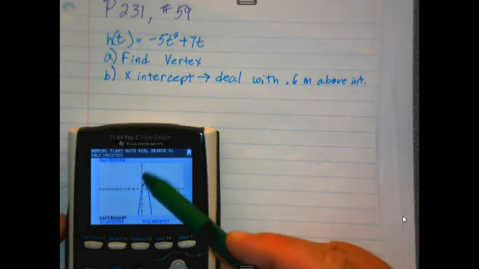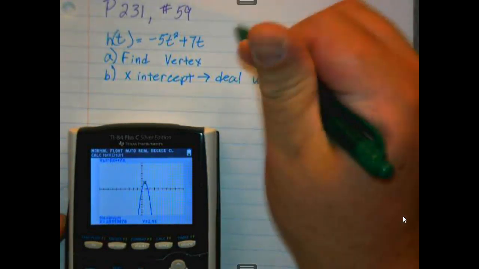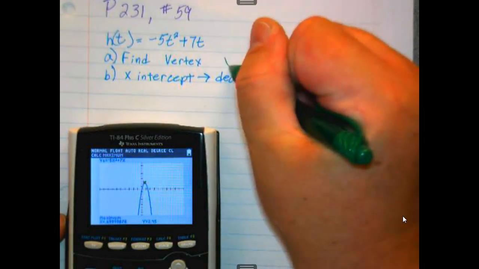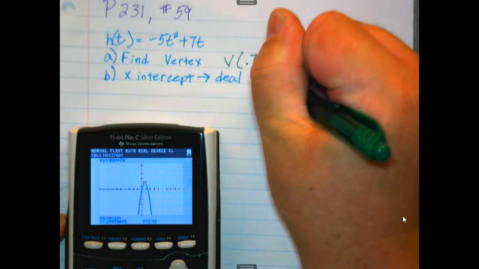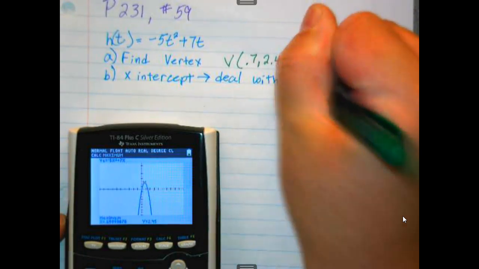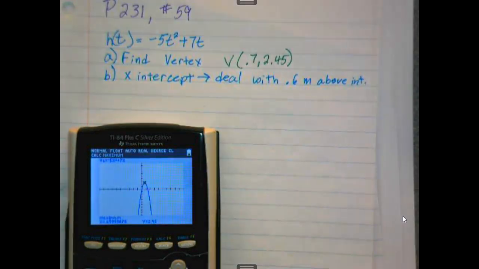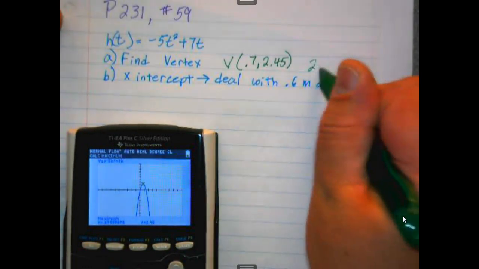And am I to the left of the vertex? Hit enter. Am I to the right of the vertex? Hit enter. Enter again. And I get 0.7, comma, 2.45. So what's the maximum height? 2.45 meters, right?